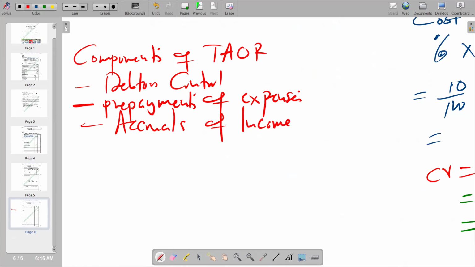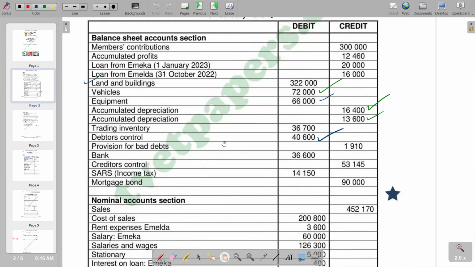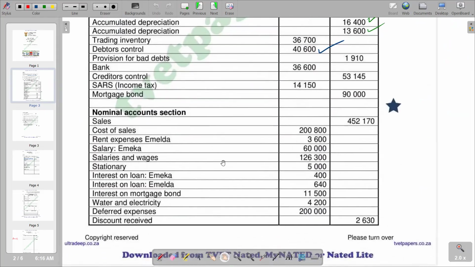So obviously, the figure for debtors control, we have identified it already. We check for these two if they exist in our question. So we go back there and check what figures we have that can lead us to that. We can try to see according to the information given. We can go to our nominal account section and see if we have everything.